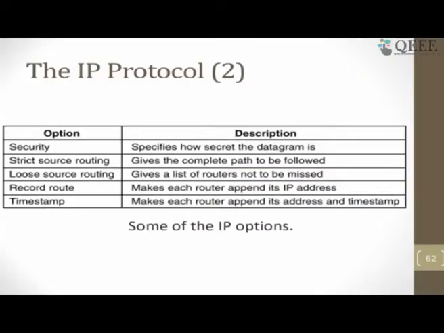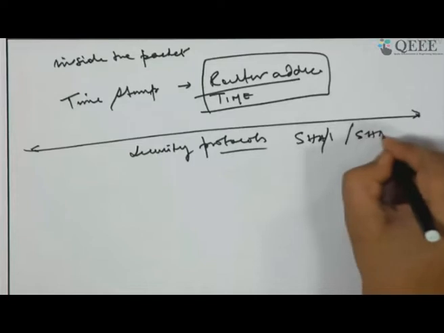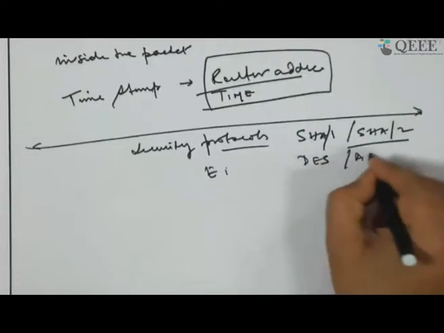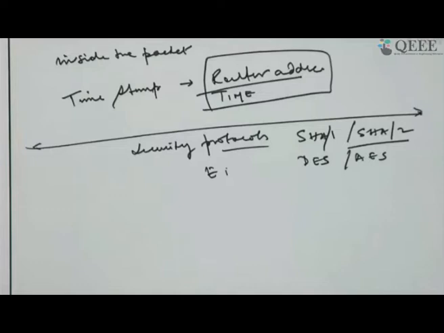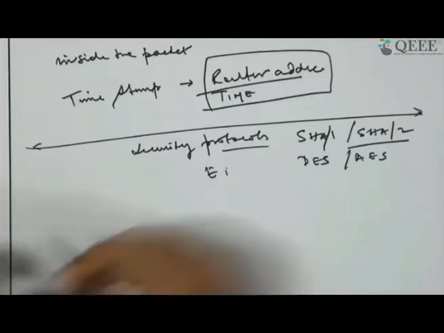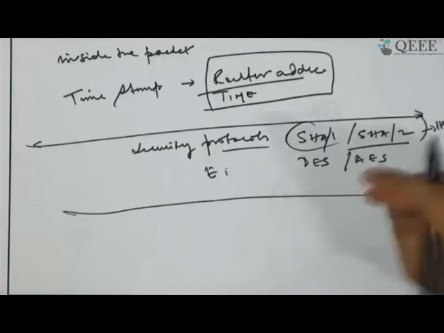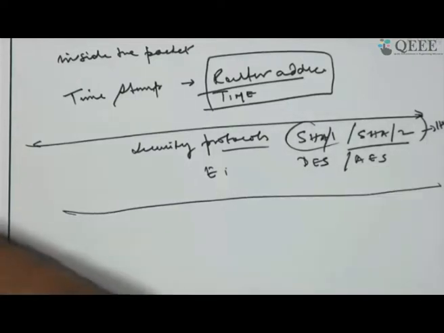Okay. There can be various algorithms which can be used in the security protocols, like SHA-1, SHA-2, or you can have encryption protocols like DES, AES. Some of these protocols are used for security purposes. SHA-1 and SHA-2 are secure hash functions, while DES and AES are encryption.